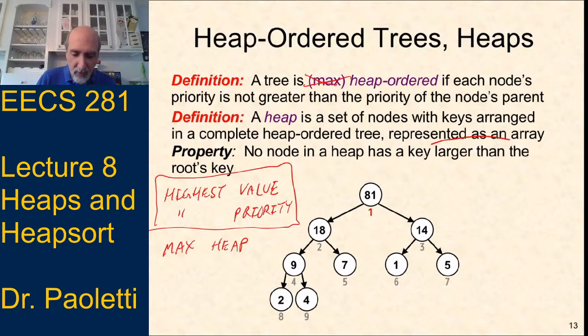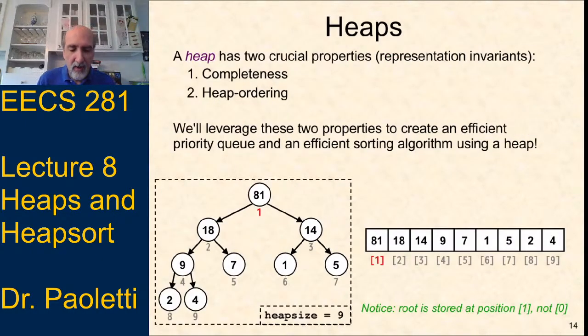All right, let's move it. Oops, wants me to draw with my finger. There we go. All right, so what we're going to do is look at a heap. We're going to apply these properties, and once we have a binary heap and know how to create one and maintain it and keep it consistent at all times, we're going to use heaps to make a priority queue, and we're going to use heaps to produce an efficient sorting algorithm.